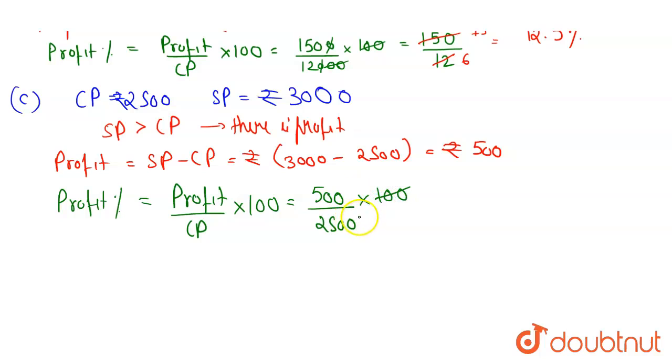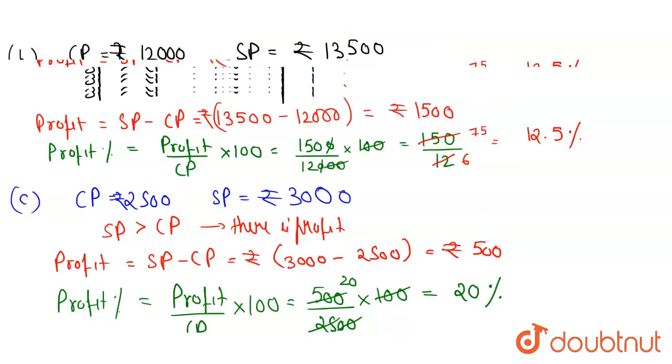So this gets cancelled out with this, and as you know, 25 times 20 is 500. So this is equal to 20%. That means there is a profit of 20%.